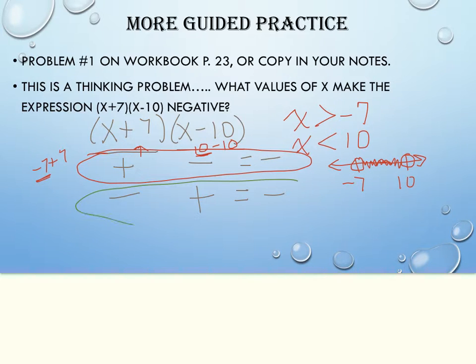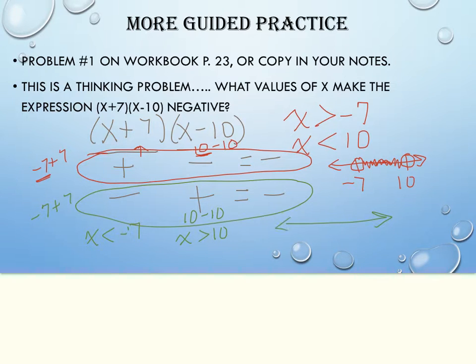Okay, so our second scenario is kind of just the opposite, where now we want a negative. So we look at negative 7 plus 7 to give us 0, but if we want something less than 0, which a negative is, then we want something less than negative 7. On the 10 minus 10, that would give us 0, and so we want stuff larger than 10 to give us a positive number.